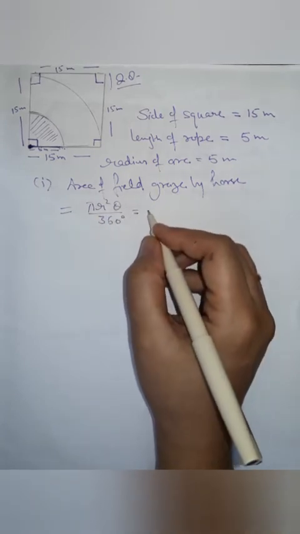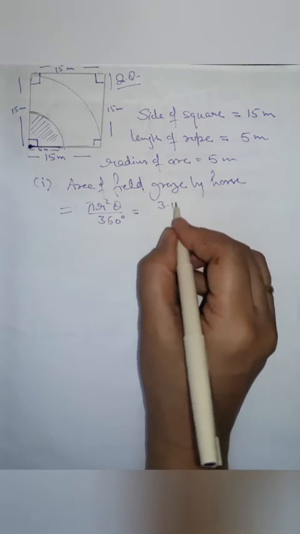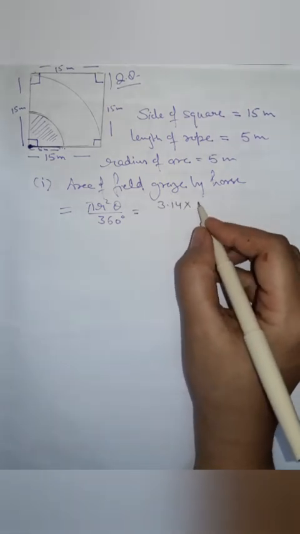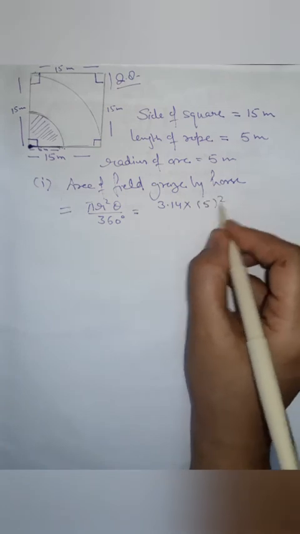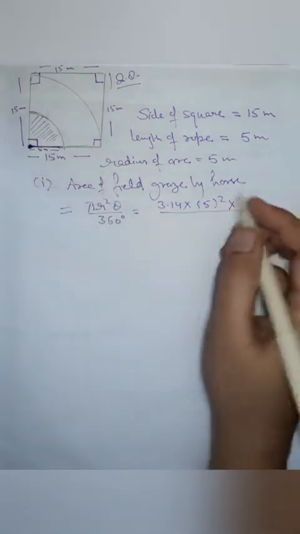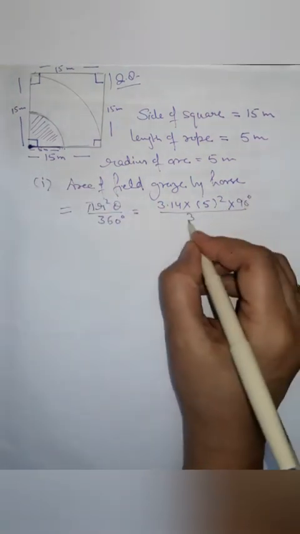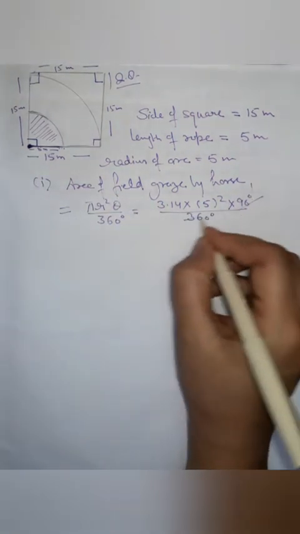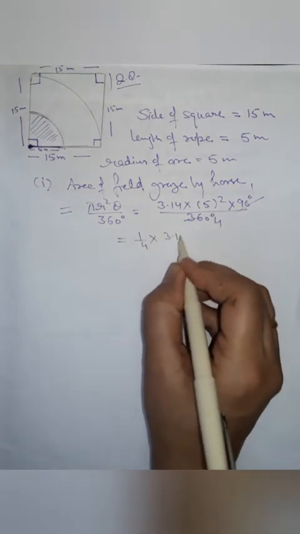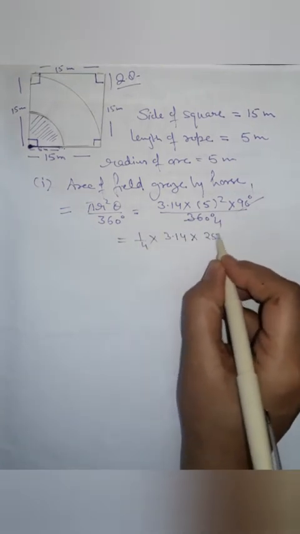Pi is given 3.14. If we see the question, r is length of rope, that is 5, so r square. Theta, as this is a central angle, is 90 degree. Theta 90 upon 360, if we cancel, it will be 1 by 4. 1 by 4, 3.14 multiplied by 25.